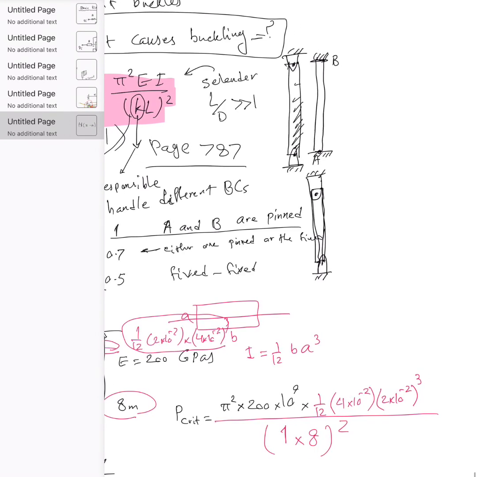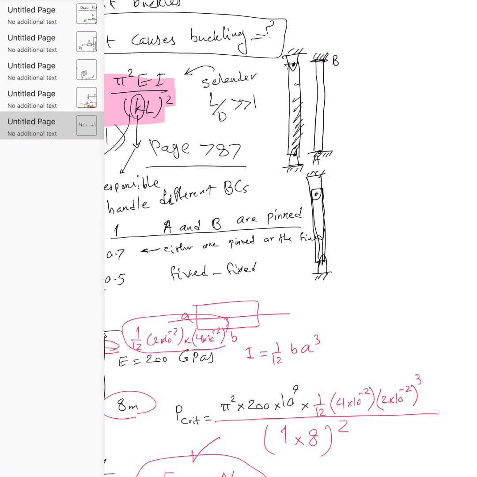So you put it in a calculator and you find the critical load. Before this critical load, all the analysis that we have for F A equals E delta L over L, you remember we computed the deflection, we did a lot of things with this equation before.